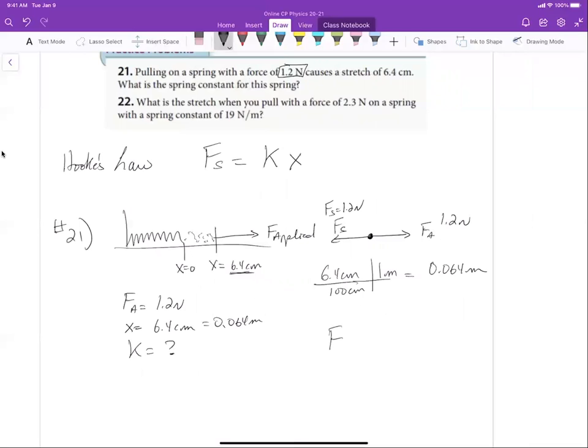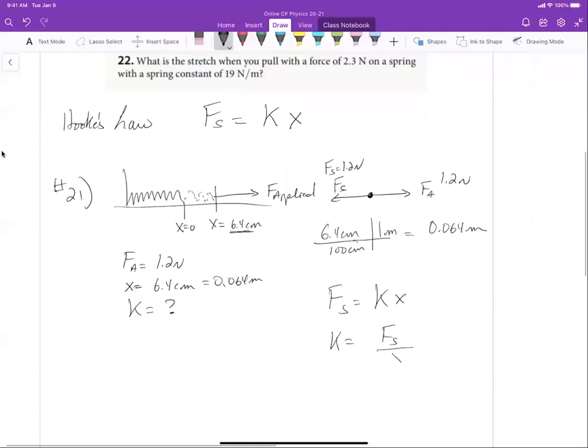So F of the spring is equal to K times X. And I'm looking for K, so I got to solve for K by moving X over. We know the force of the spring at that stretch is 1.2 newtons, and we know X is 0.064 meters.